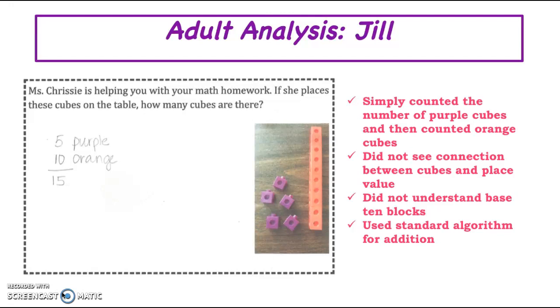So she didn't understand that these were base 10 blocks, and therefore the rod, which was orange, would represent 1 10, and the individual cubes, there are 5 of them, would represent 5 1s. And again, she used the standard algorithm for addition, which was just adding them together, and she didn't write any addition sign or anything like that, so some of it may have also been mental math.